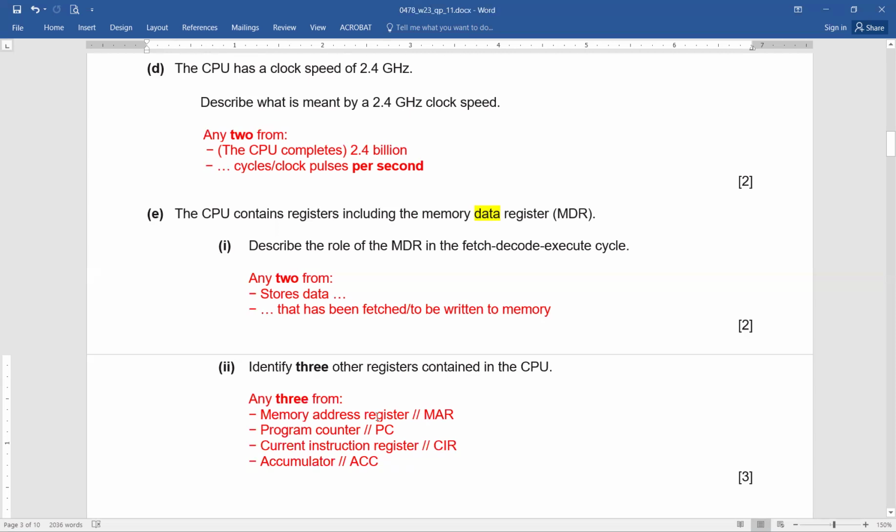By the way, if you know the full forms well, then fine, go ahead with that. But if you think that you do not know the spelling, or you're not confident about the full form, then the suggestion is use the short forms. That's perfectly okay to use MAR, PC, CIR, or ACC, and any three from the registers mentioned can be written to gain 3 out of 3 here.